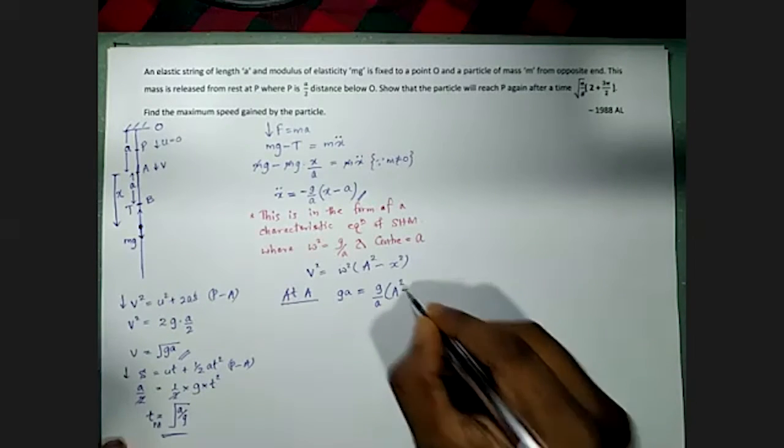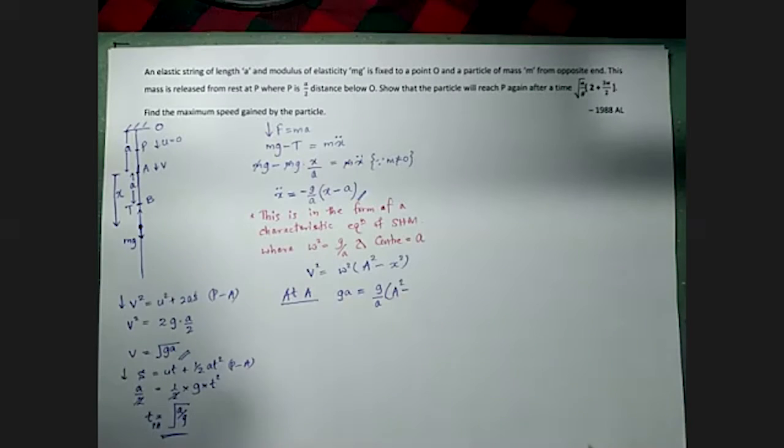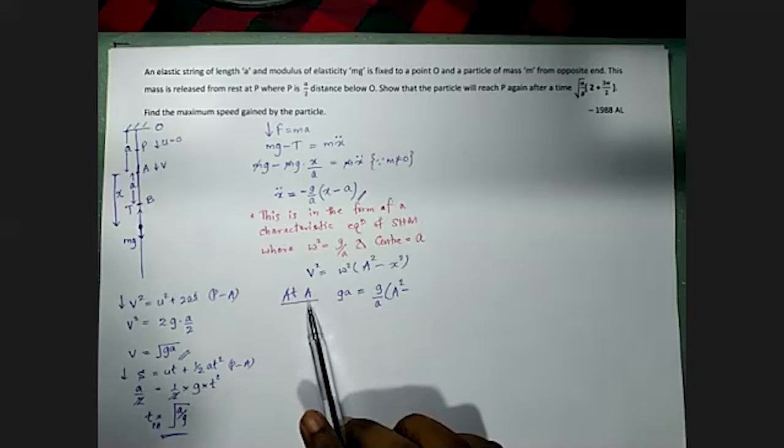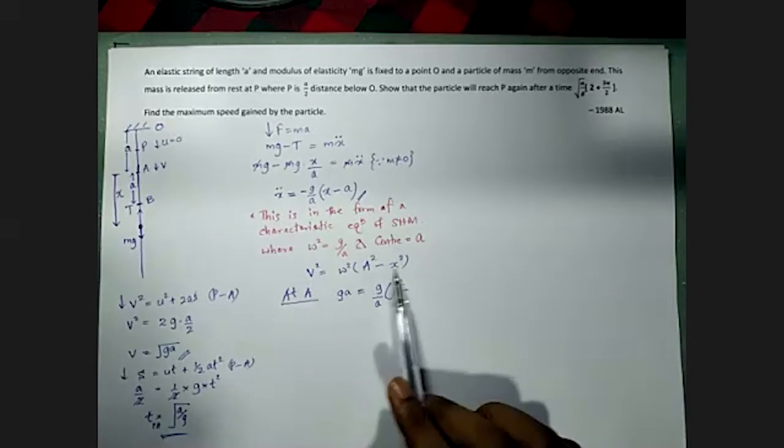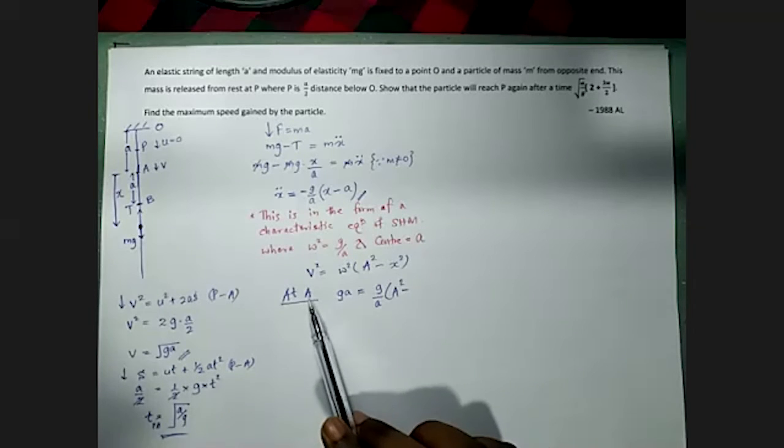Amplitude unknown. X. Now what is X? X is the distance to point A, because I have applied this equation at point A. So we have to take the distance to point A from center of simple harmonic motion.